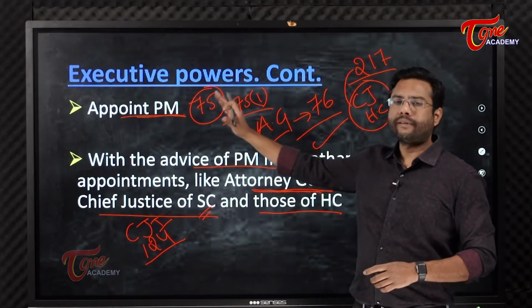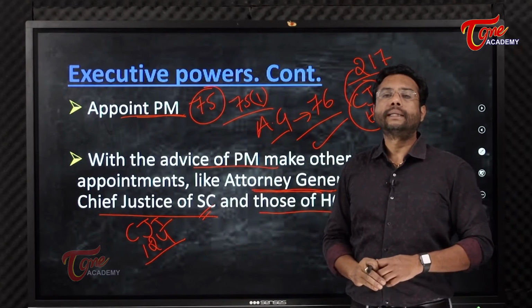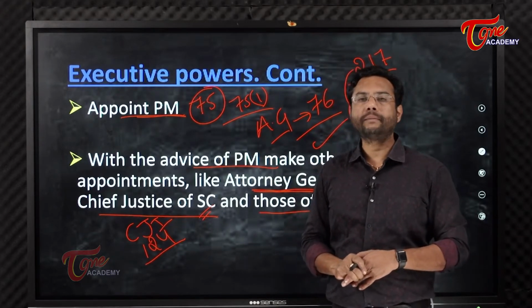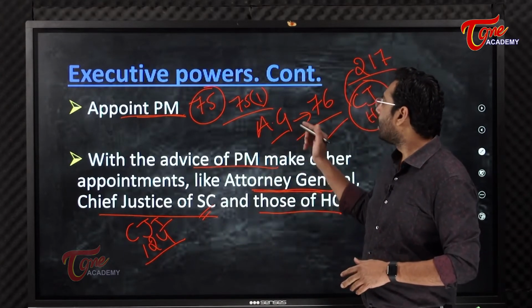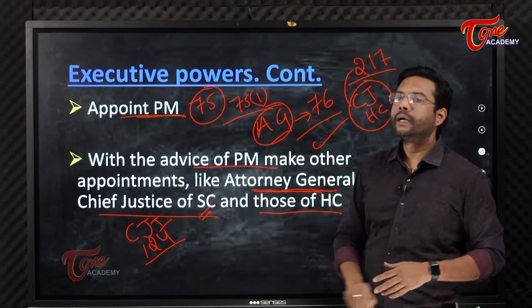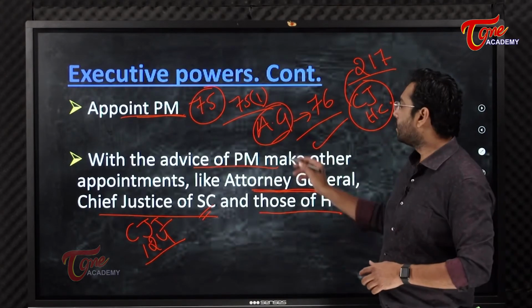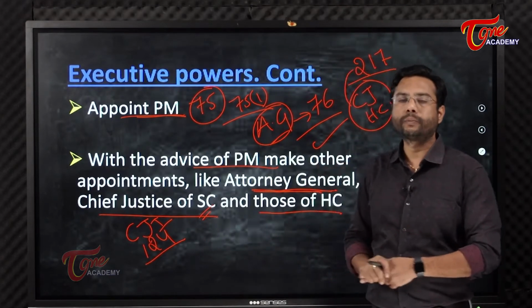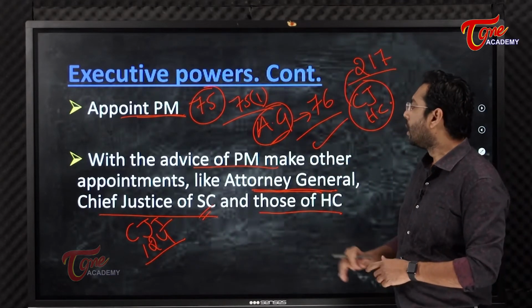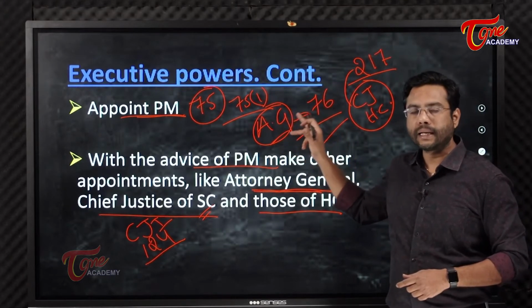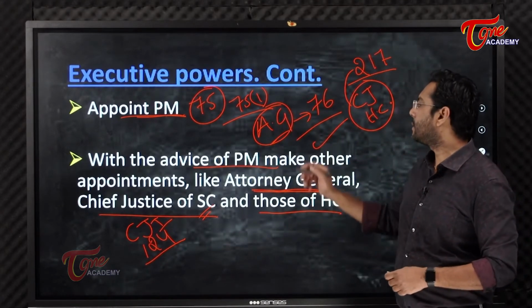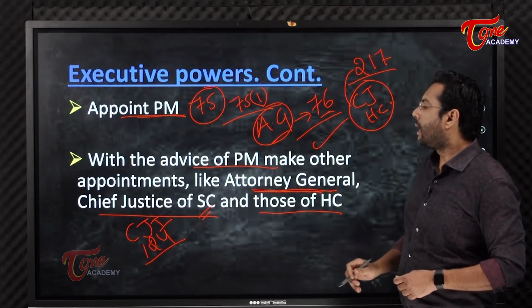As we know, Article 75 talks about the appointment of the Council of Ministers and the Prime Minister. And we have the Attorney General, a legal dignitary who represents the government in various cases in the Supreme Court or various other courts. The Attorney General, as part of the Union Executive, is also appointed by the President under Article 76.